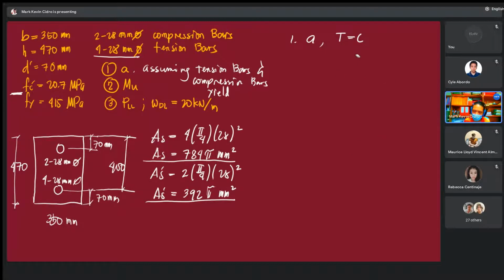Okay, so here T is equal to what we derived in the equation, TS1 plus TS2. Can you still remember?